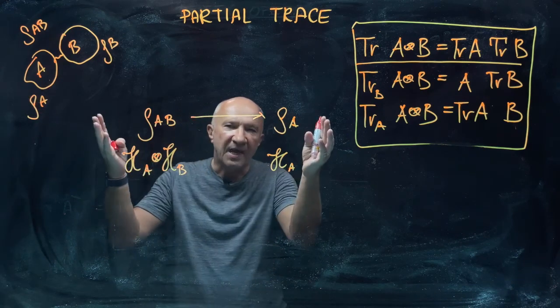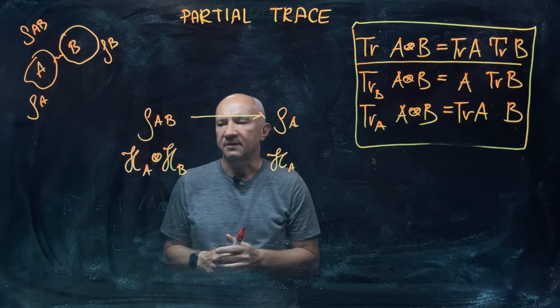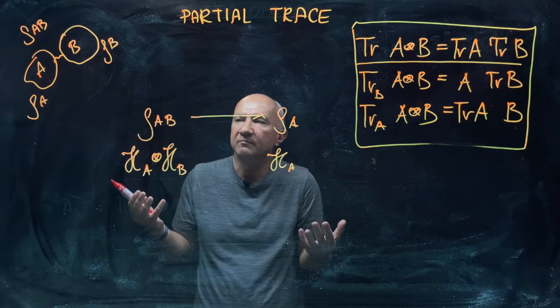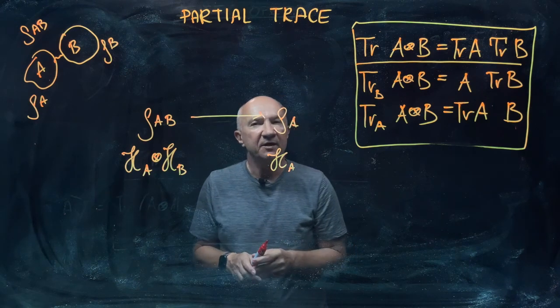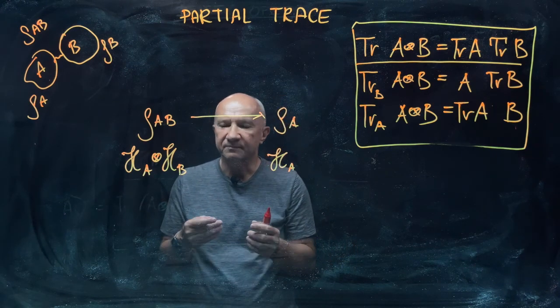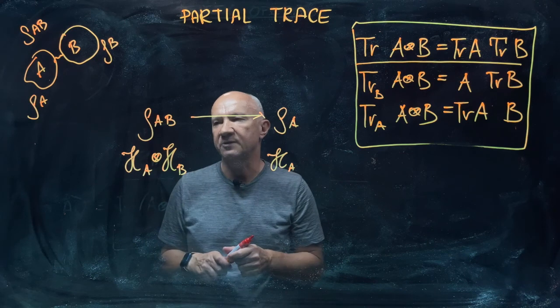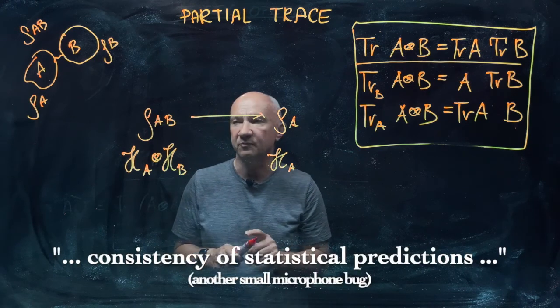There are probably many maps of that kind, but the question is why pick the partial trace? And the reason is that we are forced to pick the partial trace because of the consistency of statistics.